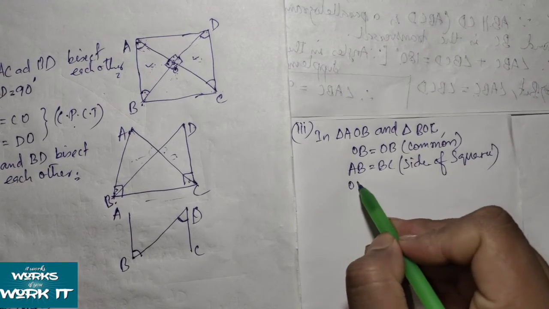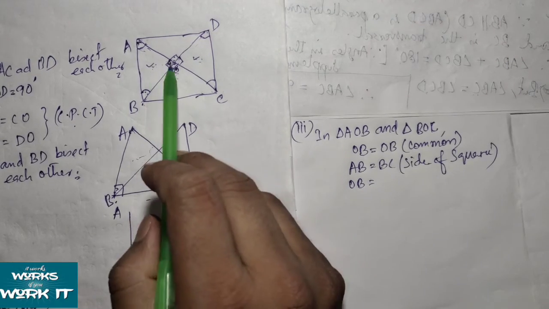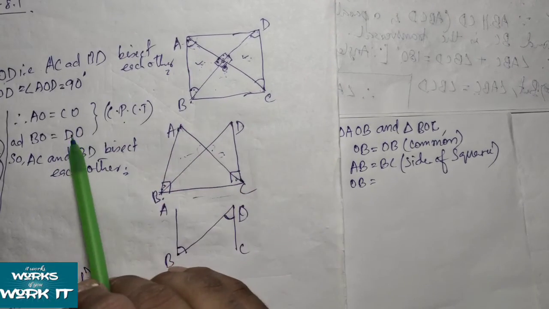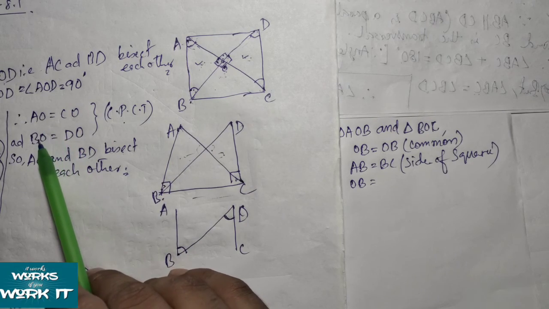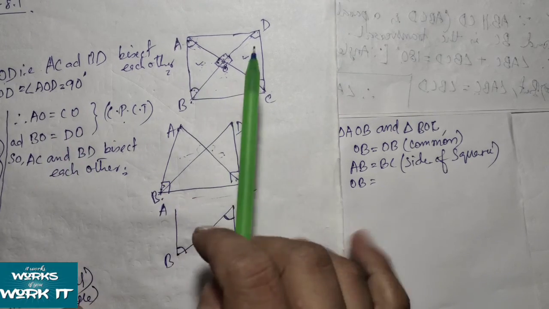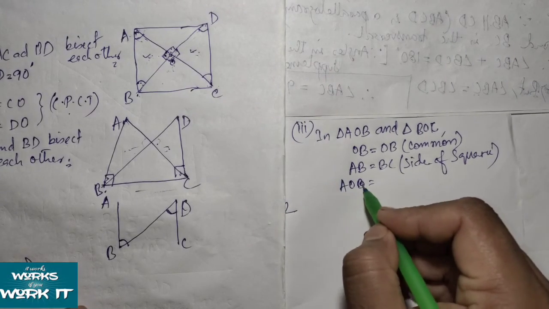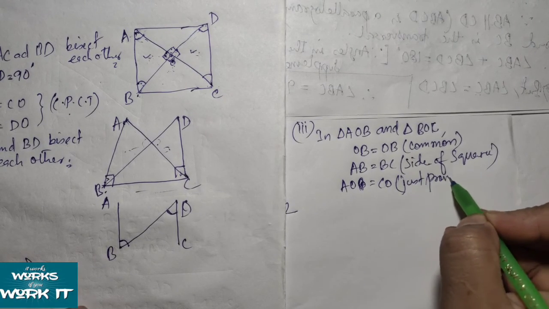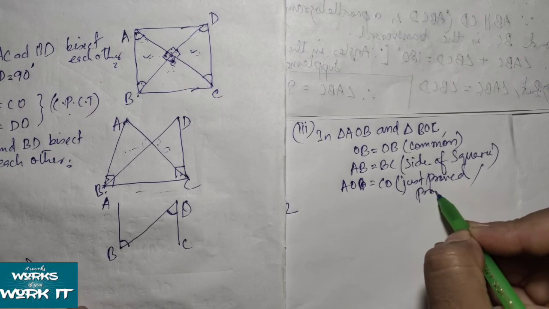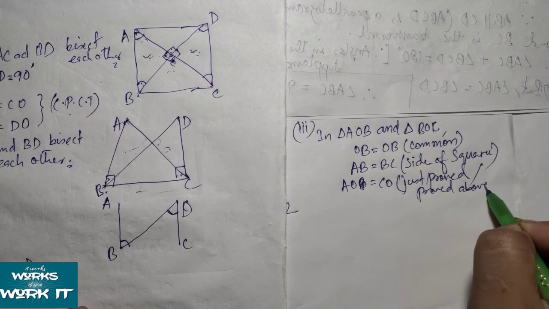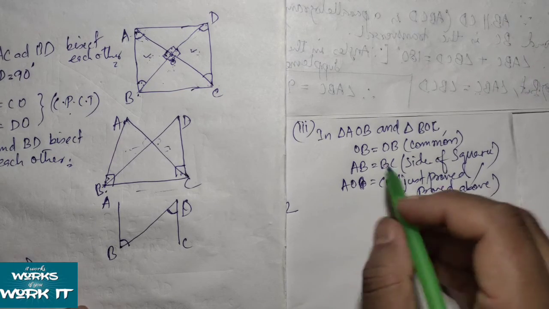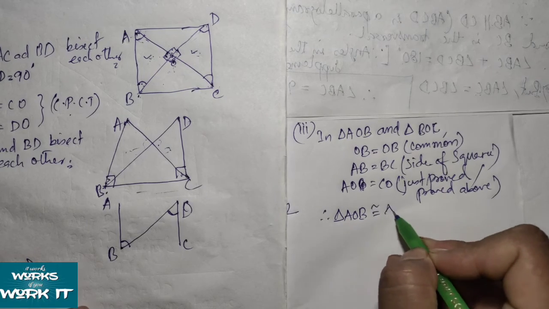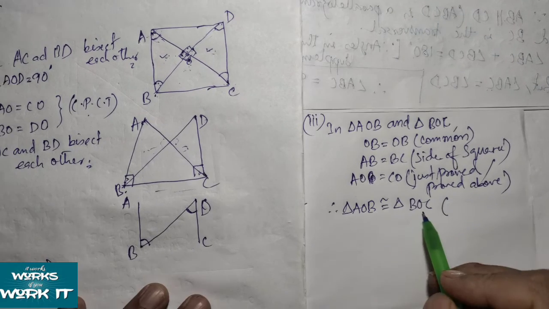The last thing, OA is equal to OC, that we have proved already above. So now therefore triangle AOB will be congruent to triangle BOC.